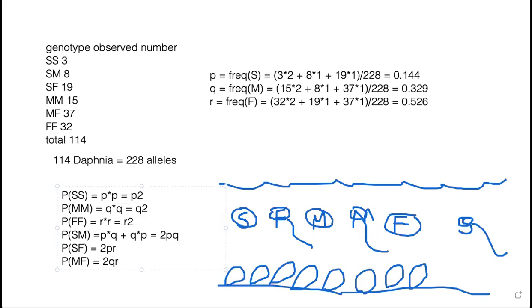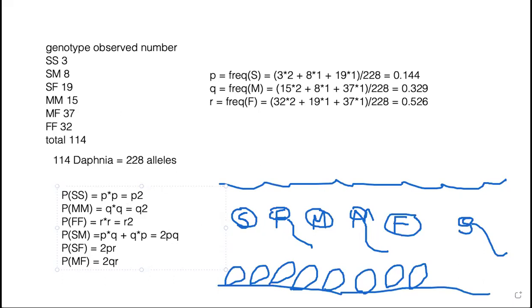So if I had 26 alleles listed allele A through allele Z, under Hardy-Weinberg, the probability of getting a ZZ individual would be equal to Z squared.